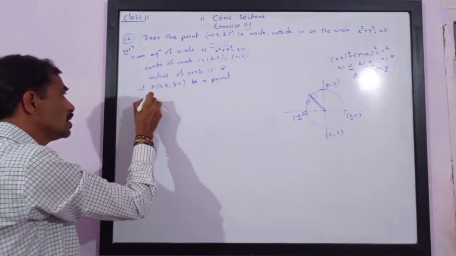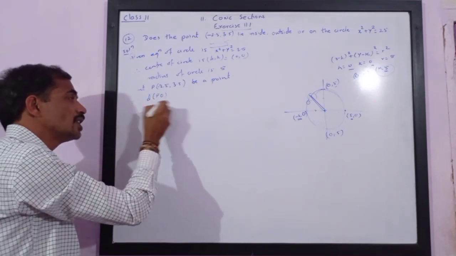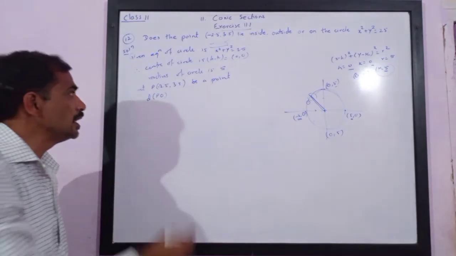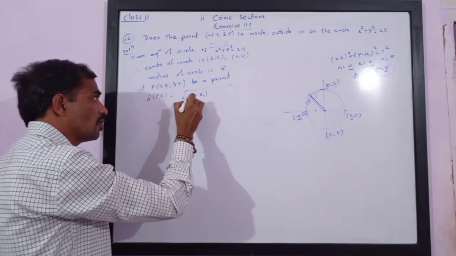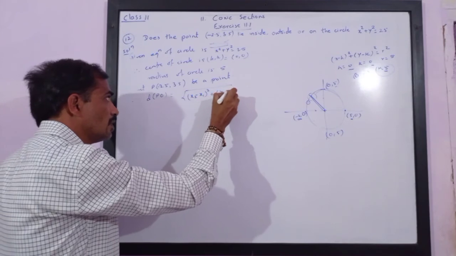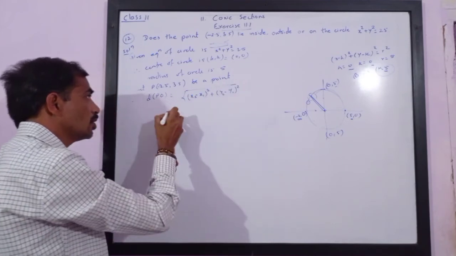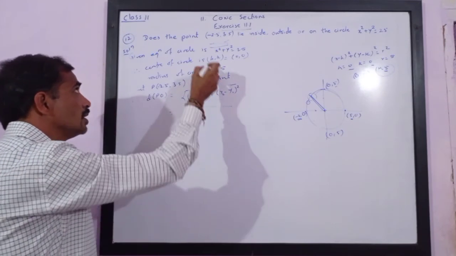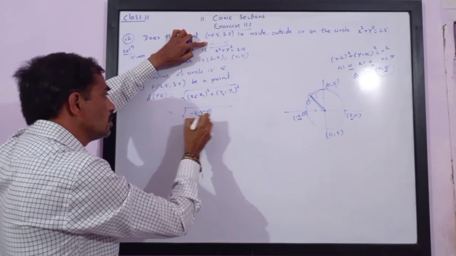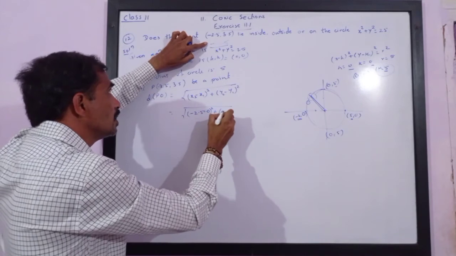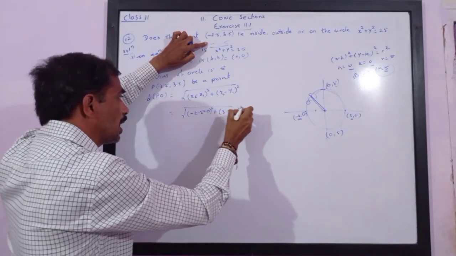Therefore the distance between P and O, that is the distance between the origin and the point P, is written as under root (x2 minus x1) bracket square plus (y2 minus y1) bracket square. So this is equal to (negative 2.5 minus 0) bracket square plus (3.5 minus 0) bracket square.